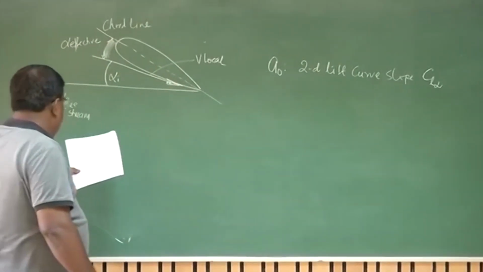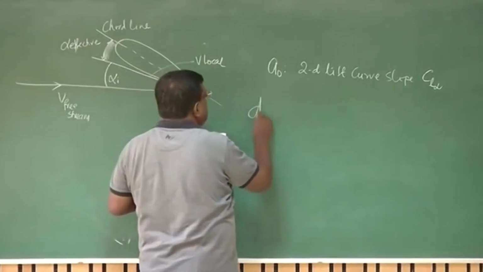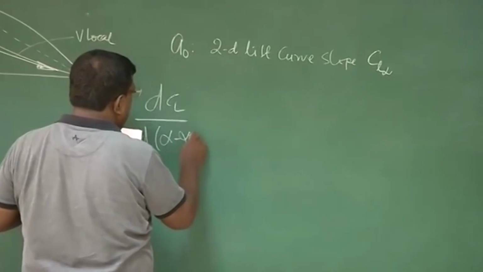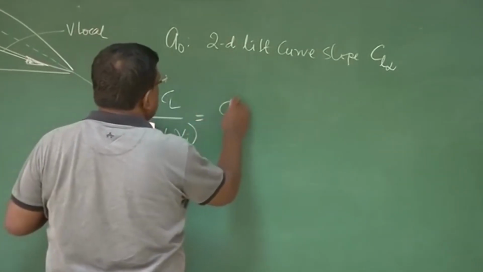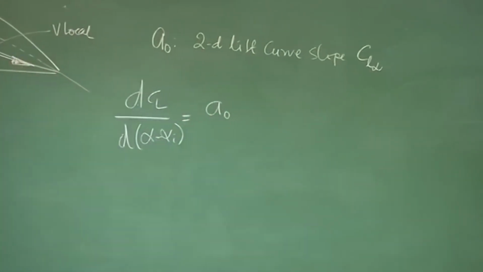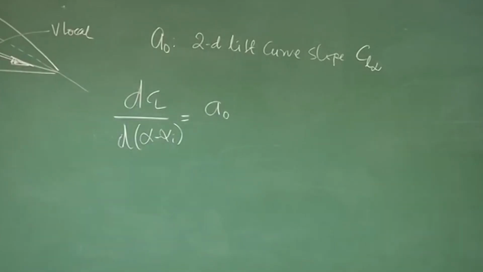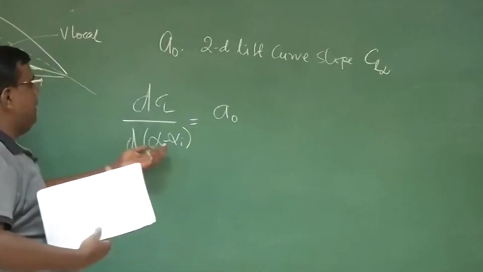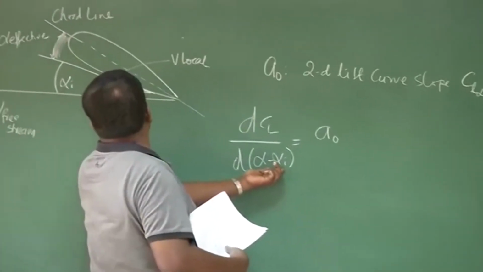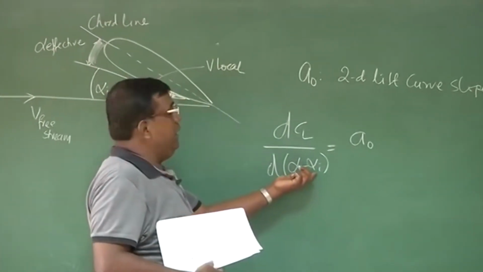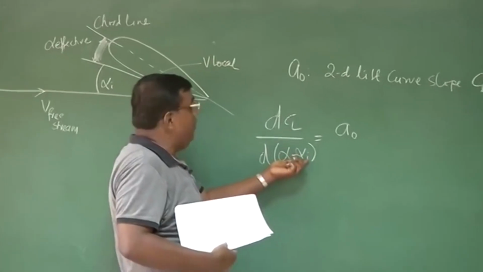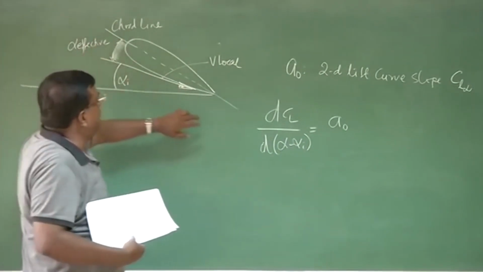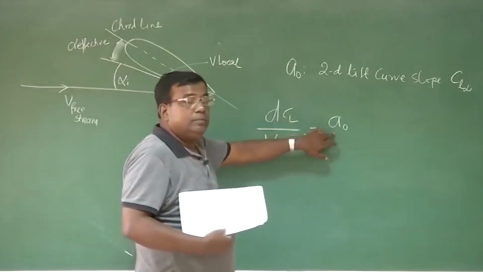So if I now write dCL by d(alpha minus alpha I), this should give me a0, because I have taken alpha I out of the angle. This slope, when I write CL versus alpha effective, which doesn't have alpha I, should be a0.